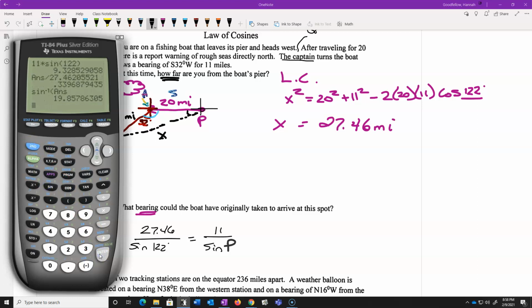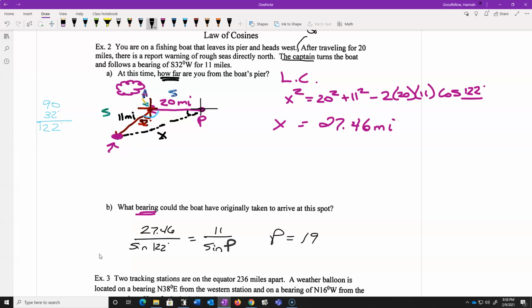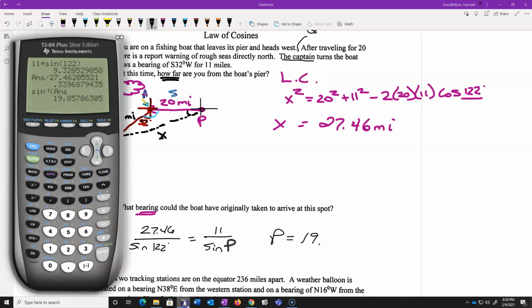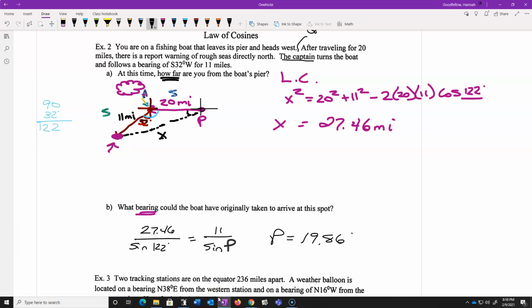Angle for P, 19.86 degrees. Okay? Now, be careful. This answer right here, that's not the bearing. See how the question said it wanted the bearing? You just found this angle right here. But as I said, bearings are always measured from north and south.